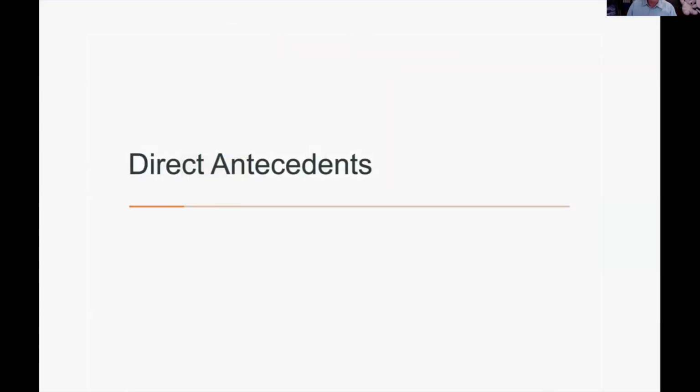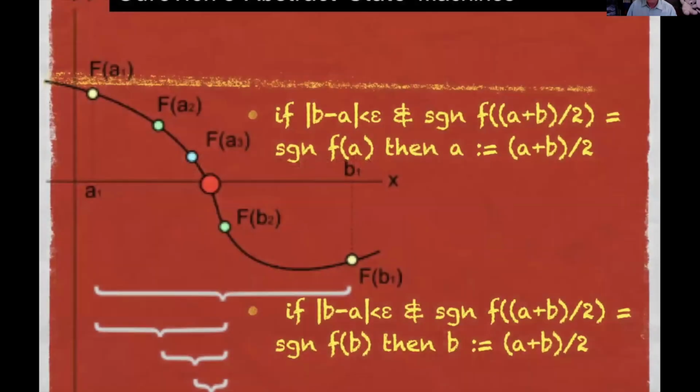So the two main antecedents for the formalism I'm talking about are Gurevich's abstract state machines. And here's an example of what's called a workhorse algorithm for searching for a zero in an arbitrary function f. What's in yellow here is the abstract state machine description of the binary search for the zero.